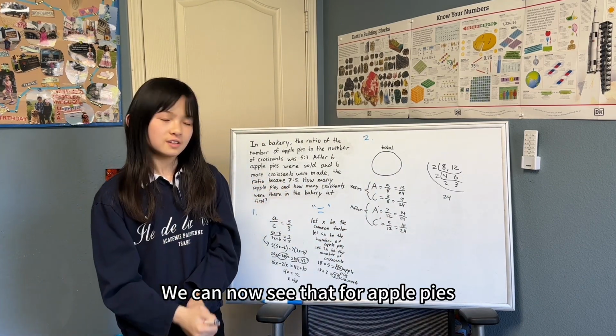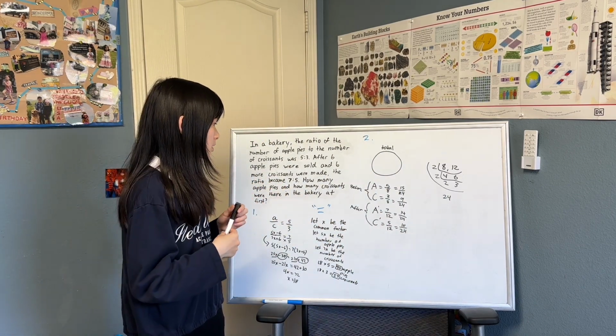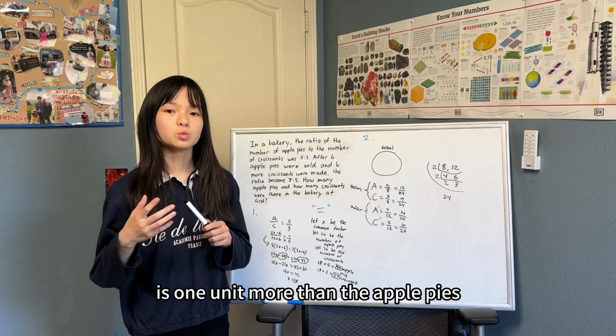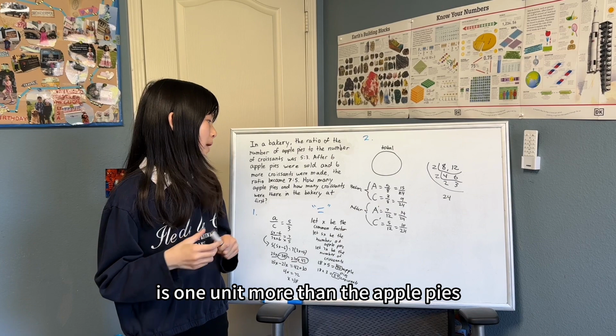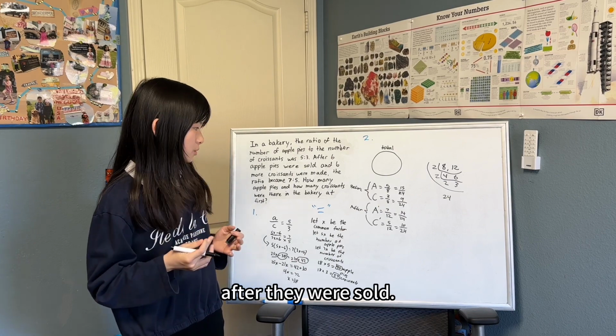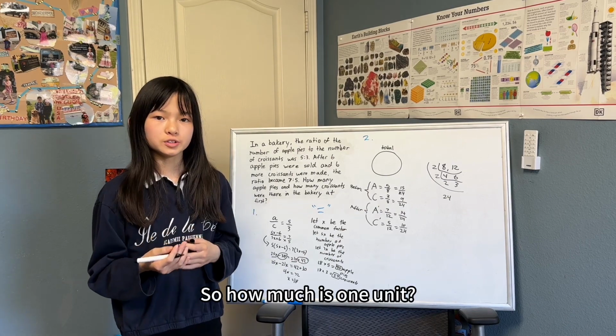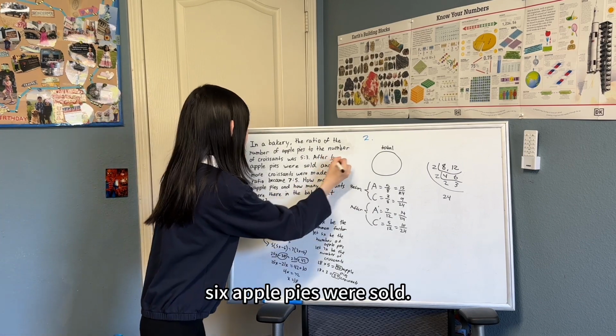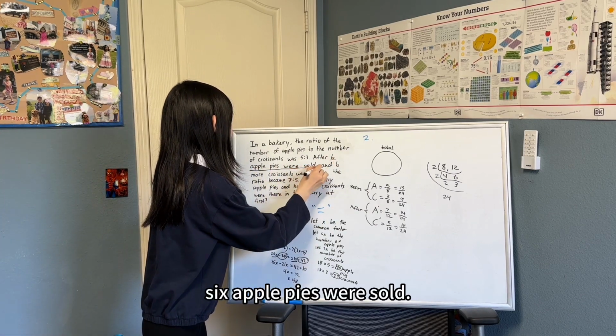We can now see that for apple pies, the number of apple pies at first is 1 unit more than the apple pies after they were sold. So how much is 1 unit? Well, when we look at the problem, we can see 6 apple pies were sold.